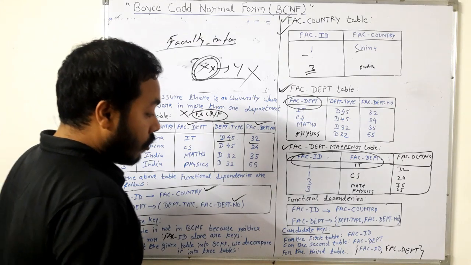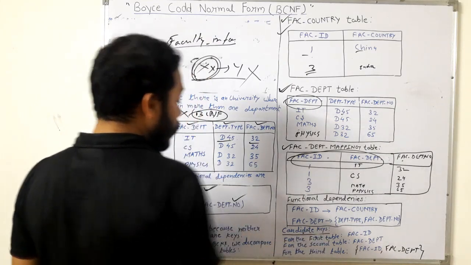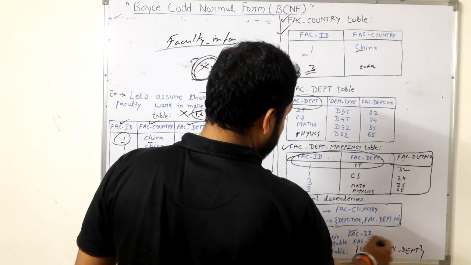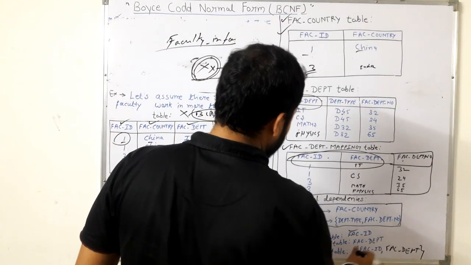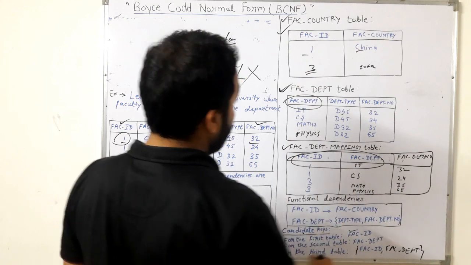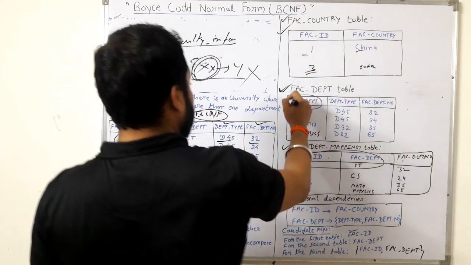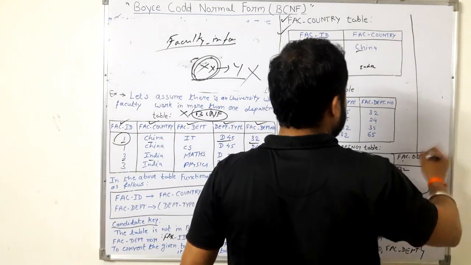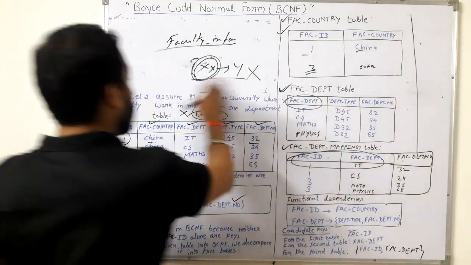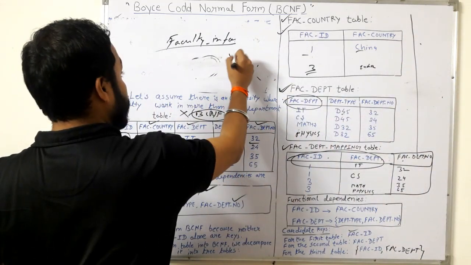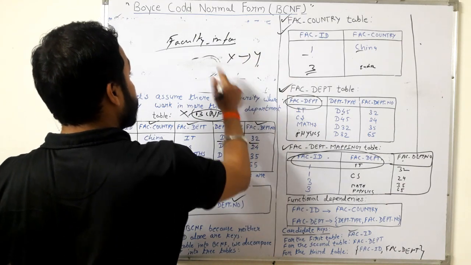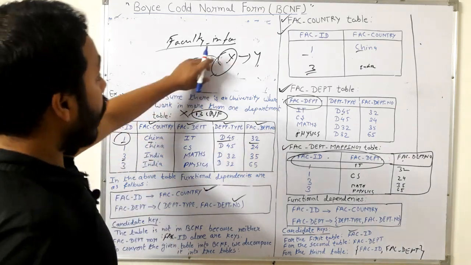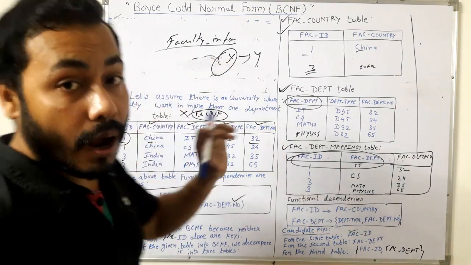So we got that for the first table, the candidate key is the faculty ID, for the second table faculty department, and for the third table the combination of them. In every table what is happening? This part is satisfied, which means if any functional dependency exists, then that left hand side part itself is the super key.